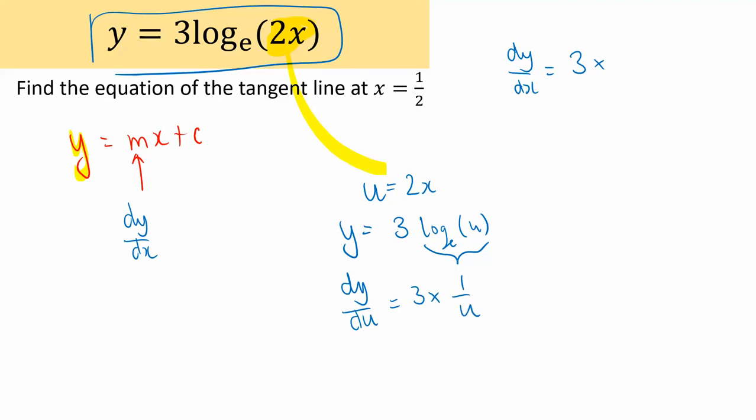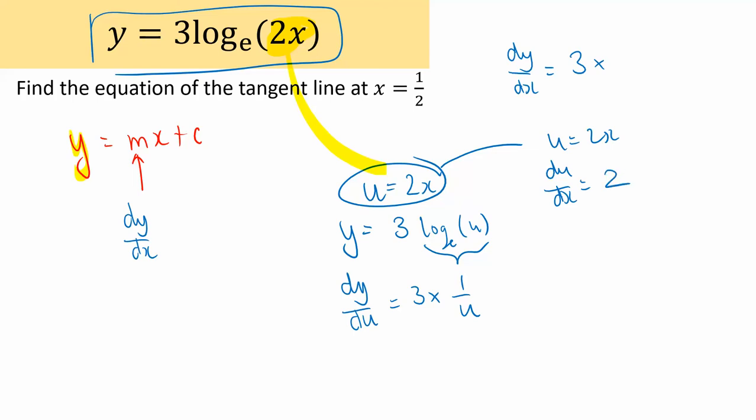But then remember, for chain rule, once you find dy du, you need du dx. So you need the derivative of u with respect to x. You do have that equation here. See, u equals 2x. Then du dx is the derivative of 2x. Now what's the derivative of 2x? 2, using power rule.